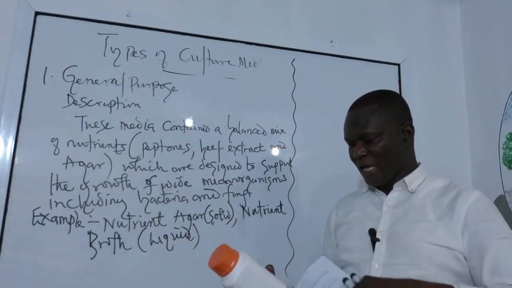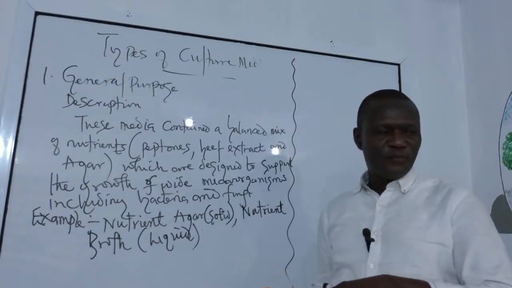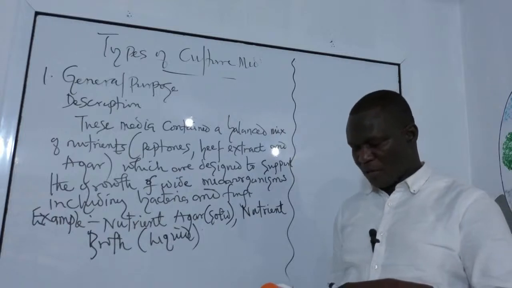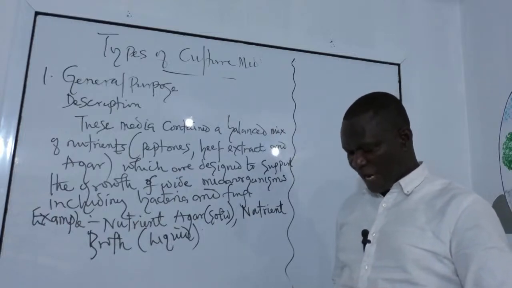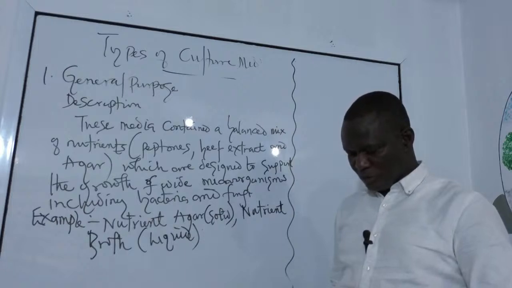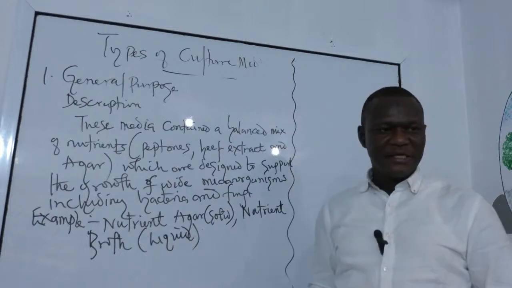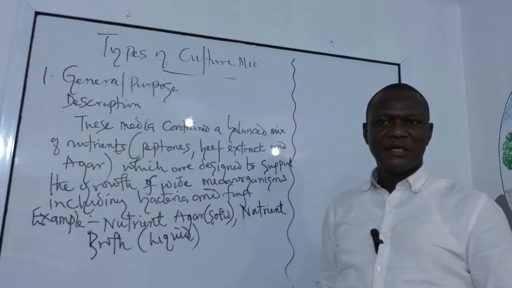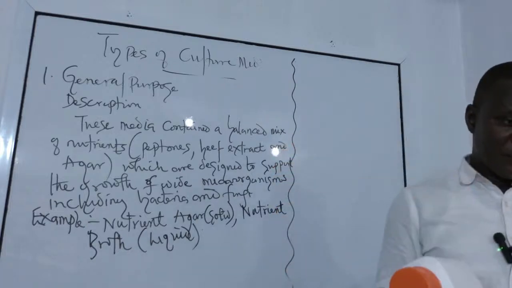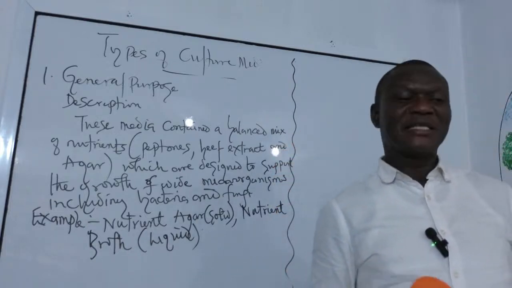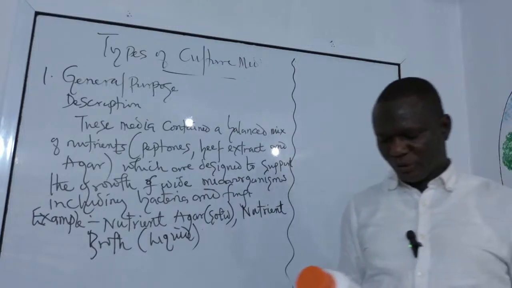If you read here, you see the ingredients: agar is 15 grams per liter, peptone is 5 grams per liter, and sodium chloride. There are many microorganisms that cannot grow if they don't have salt.